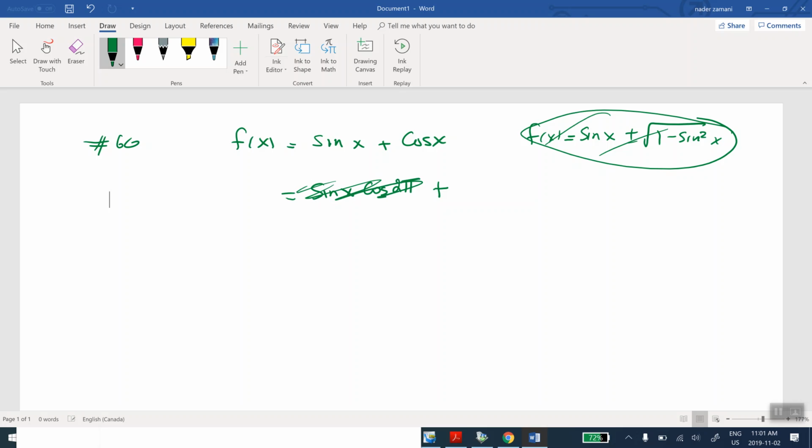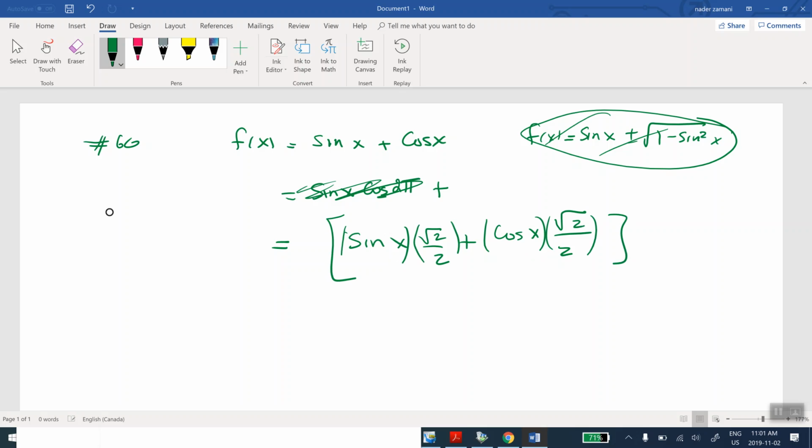Okay, so I'm going to write it like this. Sine of x root 2 over 2 plus cosine of x root 2 over 2 times this. Of course, this is not correct. These are not equal to each other.